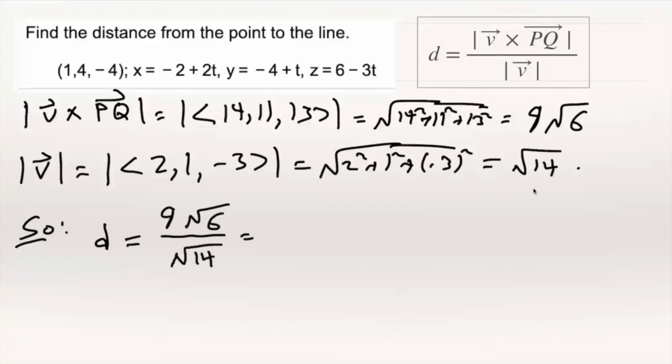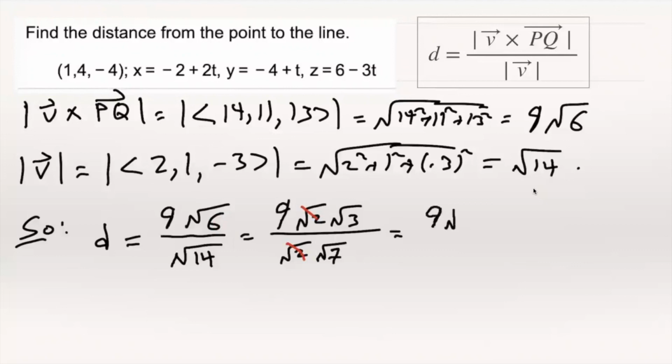We can simplify that slightly. That's 9 times root 2 times root 3 over root 2 times root 7. Just factoring each of those guys. Those guys go away. And now multiplying it by root 7 over root 7, we have that this is 9 root 21 over 7.